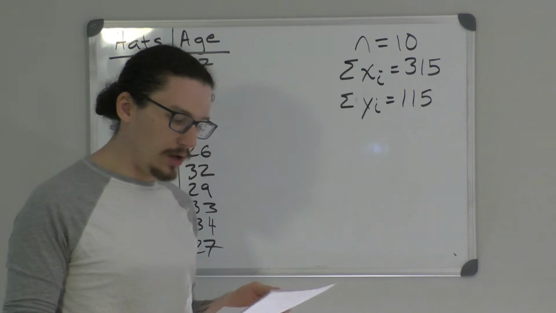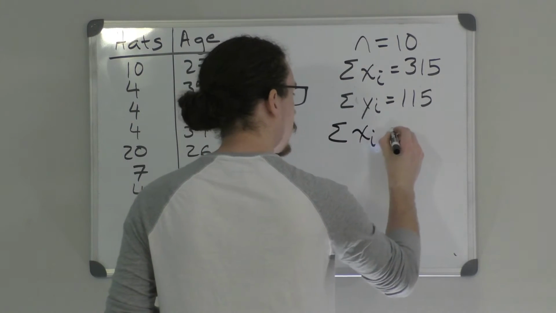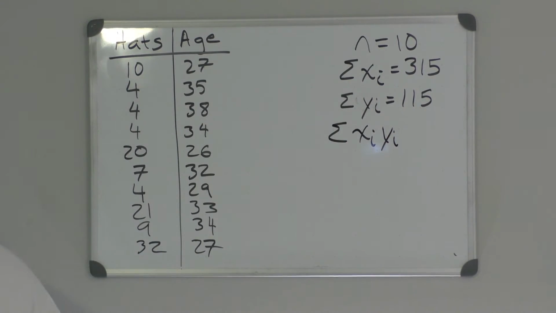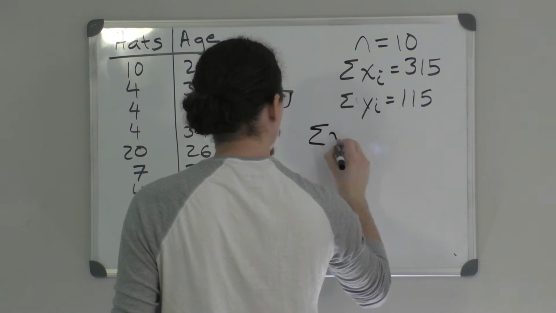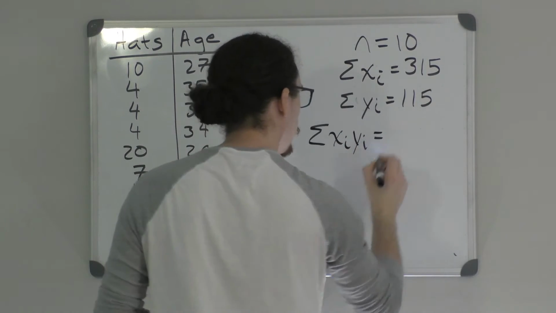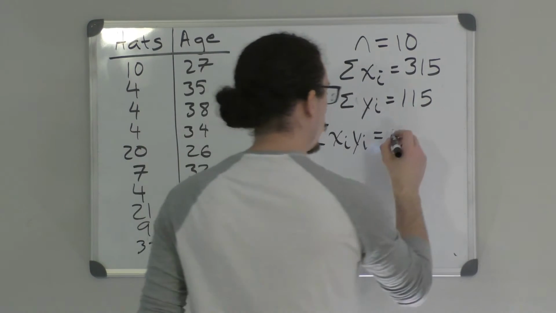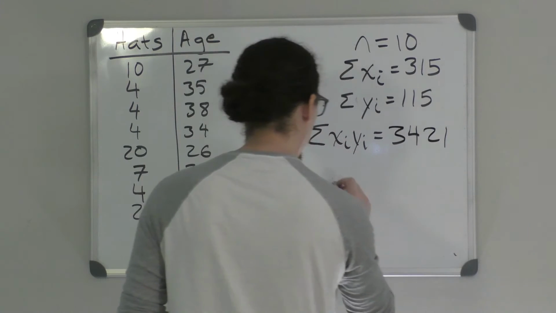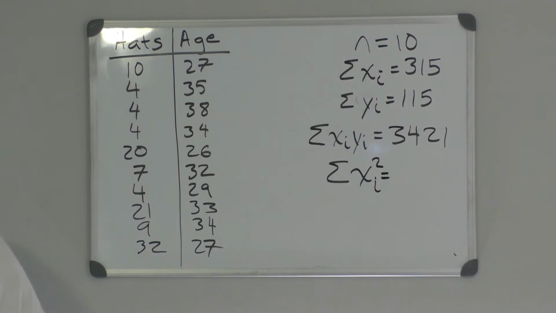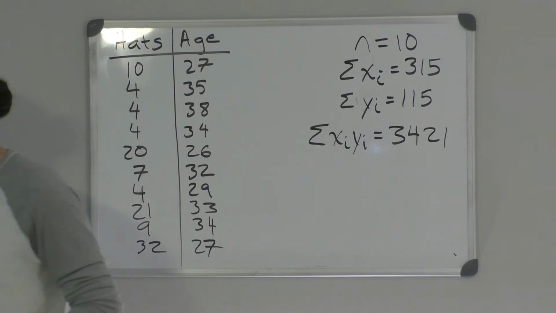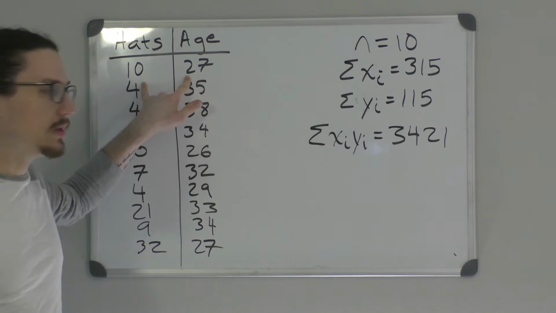Then we'll look at the sum of xi yi. Need a little bit more space than that, I think. Right, and the sum of xi yi is 3,421. And again, with that sum of xi yi, we're just taking each of these pairs, multiplying them together, then adding them up.